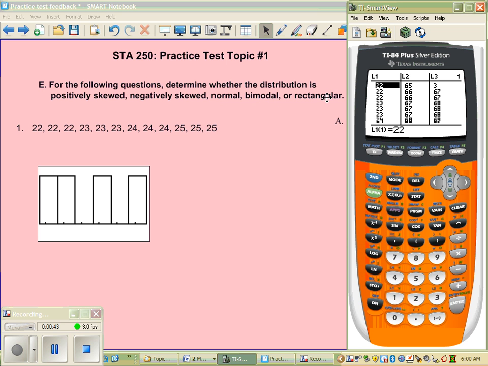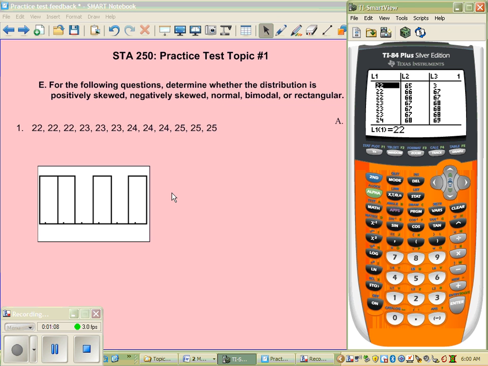So by default, a mathematician has thrown in this word rectangular, and what you're doing is describing the data display so that others can realize, well, if it was a rectangular display, that means that both of the sides are exactly the same.